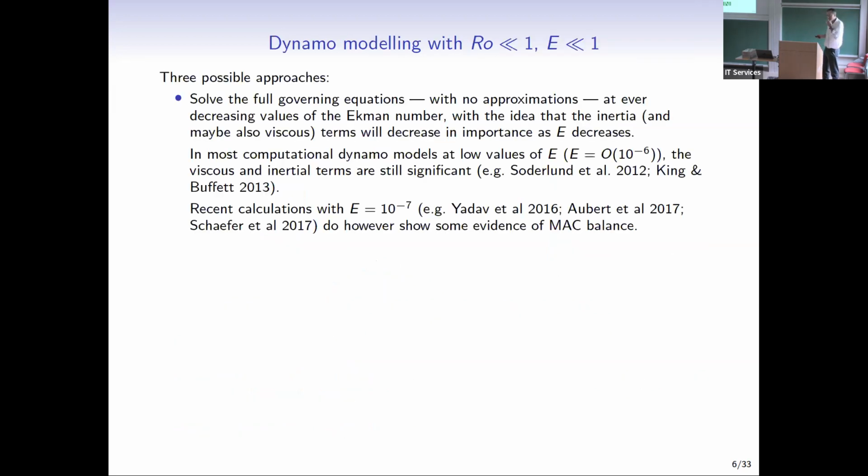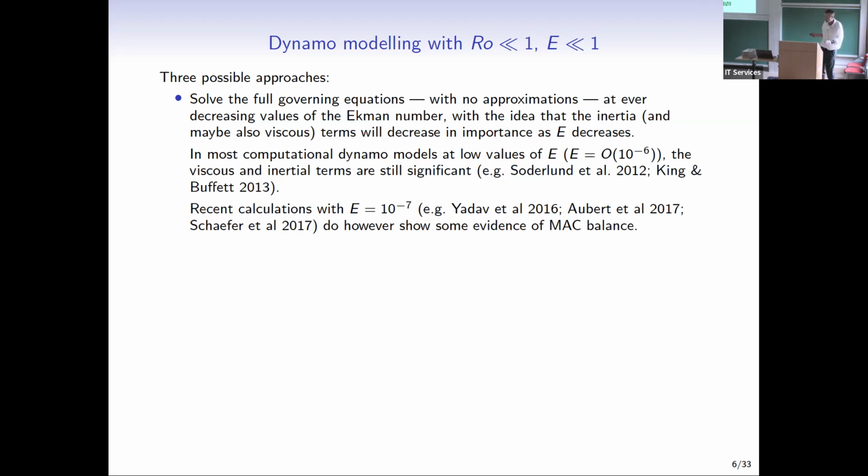So what can you do? Well, we've heard quite a lot of what you can do to model dynamos at low Rossby number, low Ekman number. I think there's 3 things, roughly, you can do. So one is, as we've seen examples of, you can solve the full equations, and you can push the parameters towards the Earth in various directions.